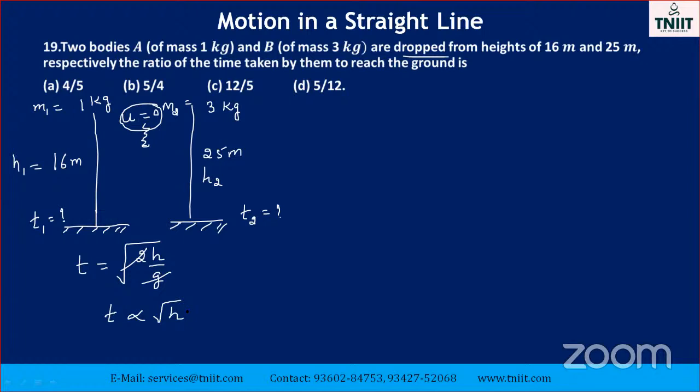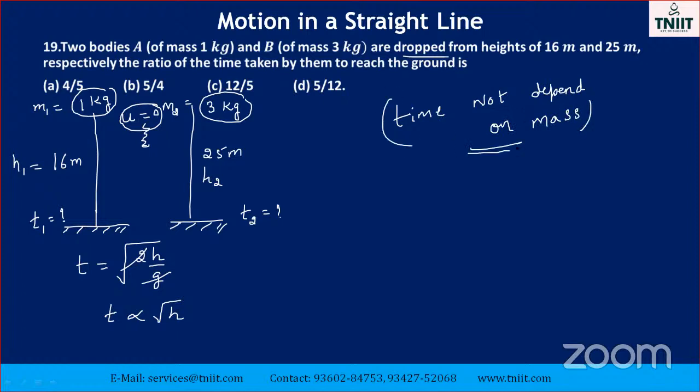And please remember one more thing. This time doesn't depend on the mass. For any mass, the time taken will be root of 2h by g only. So in this problem, you have to remember time does not depend on mass.